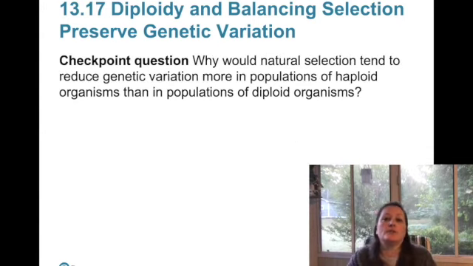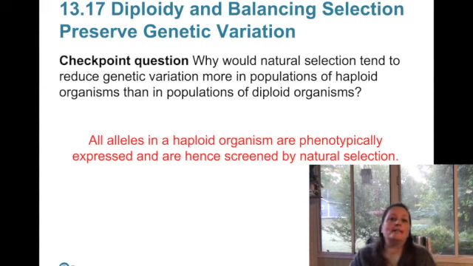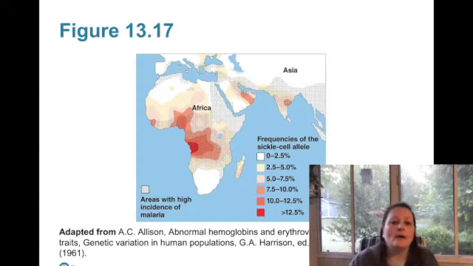So why would natural selection tend to reduce genetic variation more in populations of haploid organisms than in populations of diploid organisms? Well, because all alleles in a haploid organism are phenotypically expressed, and so screened by natural selection. There you go. Now, sickle cell. Remember, I did talk about this.